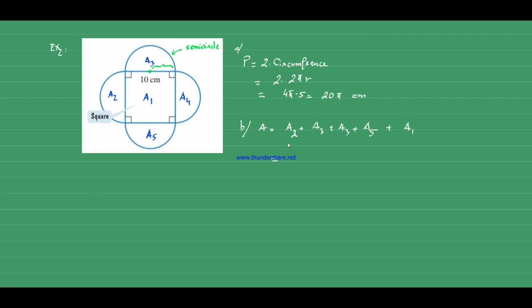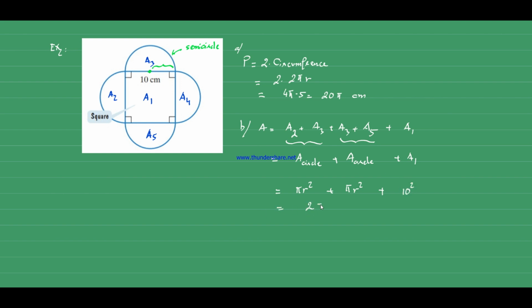A2 plus A3 give you the area of a circle, and this one also gives you another area of a circle, plus A1. So the area of the circle is pi r squared plus pi r squared, and the area of the square is 10 squared.